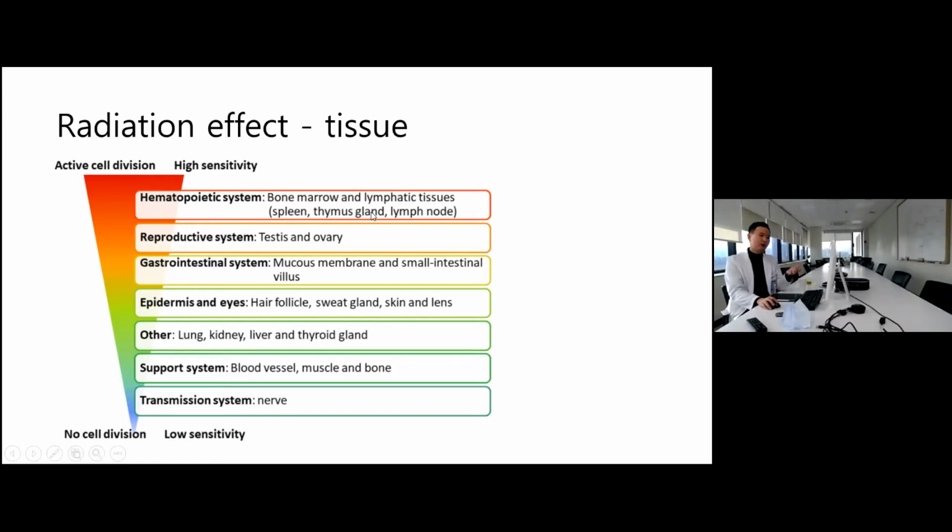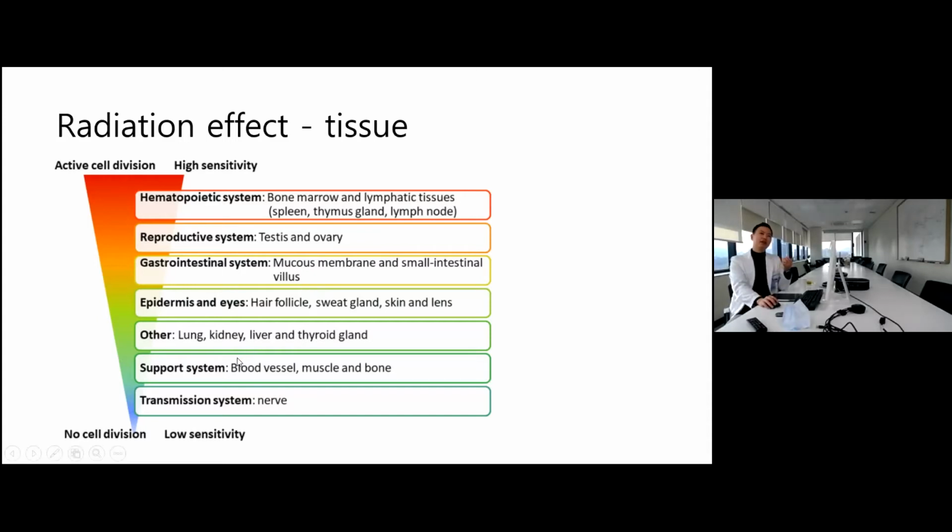Stem cells in bone marrow differentiate into various blood cells, so they have a high sensitivity to radiation. Also, in the digestive tract, the mucous cells are reproduced constantly, so they are also very vulnerable to radiation.